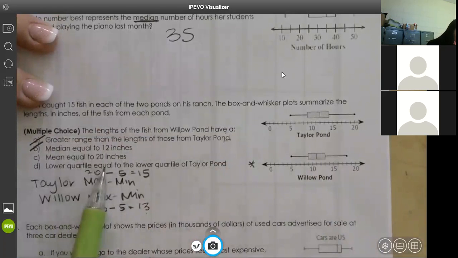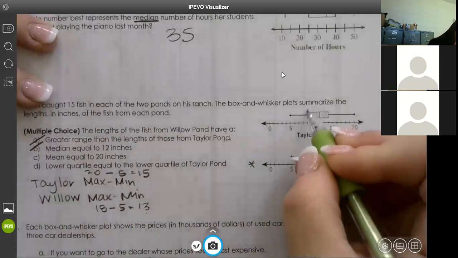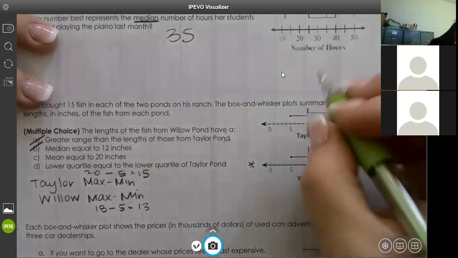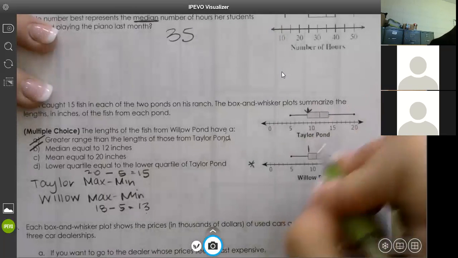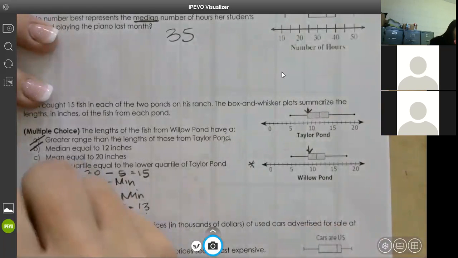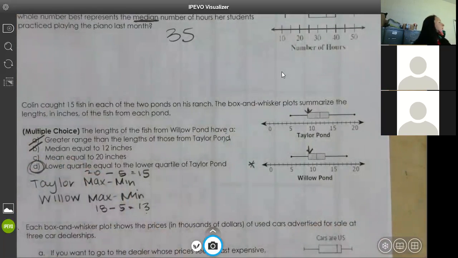Lower quartile equal to the lower quartile of Taylor Pond. Are they the same? Look at it one more time. Yes, they're both at 9. We can't do the mean from a box and whisker plot.